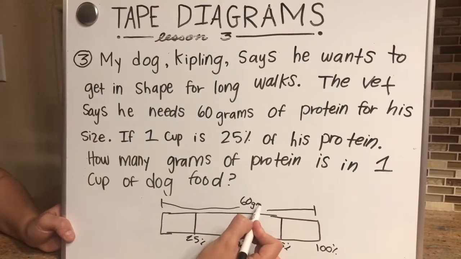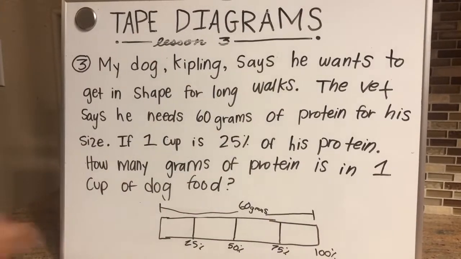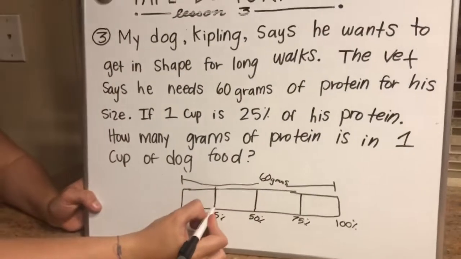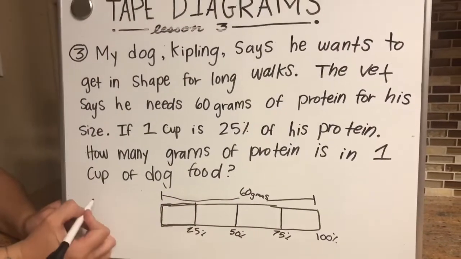Remember, 100 represents the total amount of grams he needs for protein, okay? So 100% is 60 grams, right? He needs 60 grams of protein. But we are only going to focus on 25, which is 1/4, okay?